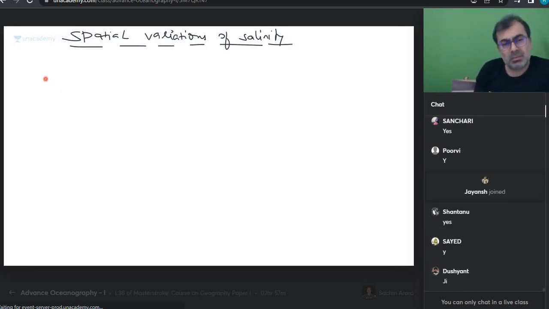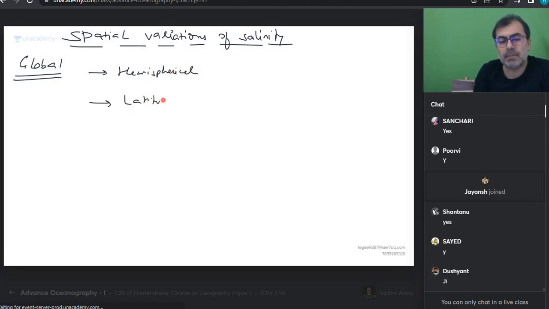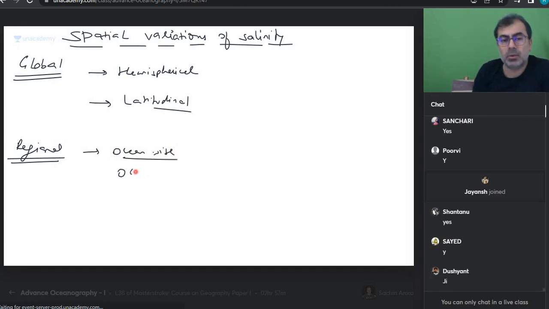So पहला तो मैं सिंपल लिखूंगा global level. इस आंसर को अगर मुझे बताना हो, I'll say global level. And in global level, I can go hemispherical. I can even go latitudinal. ठीक है? And then I'll go regional level. I can go ocean wise, I can go ocean and seas with special cases.